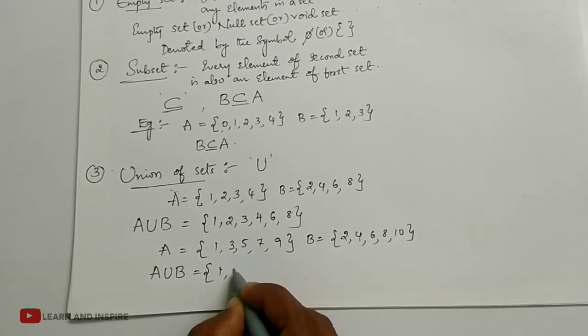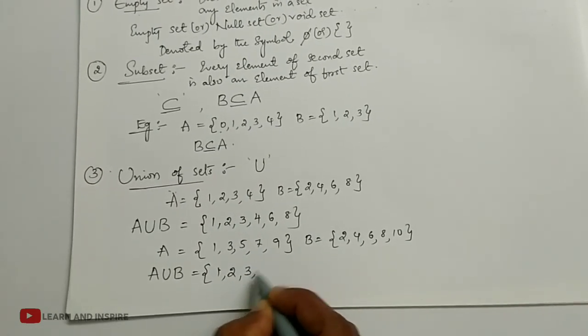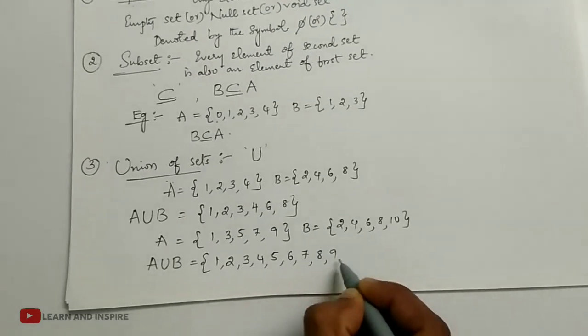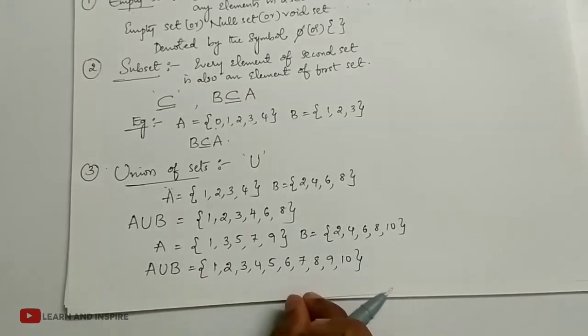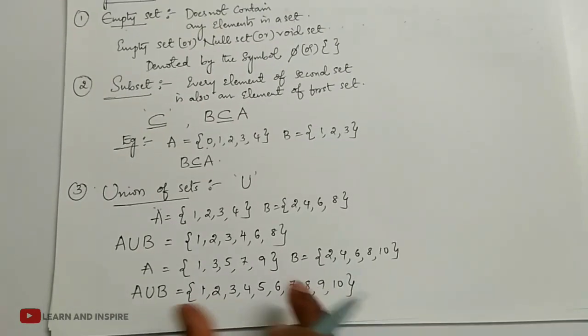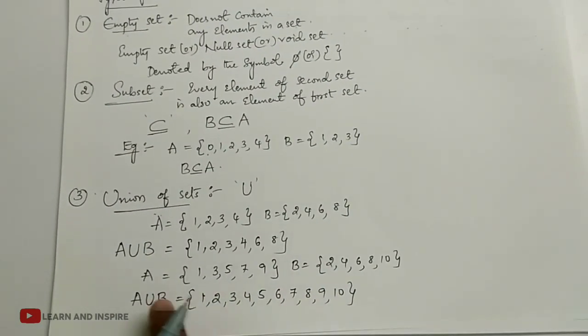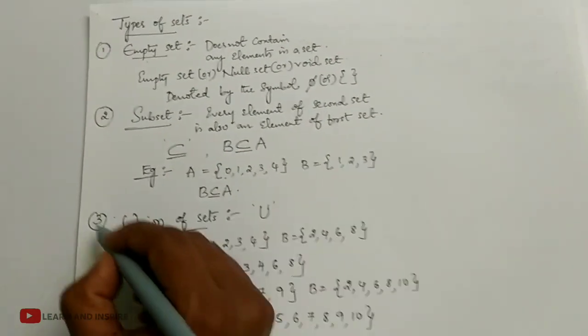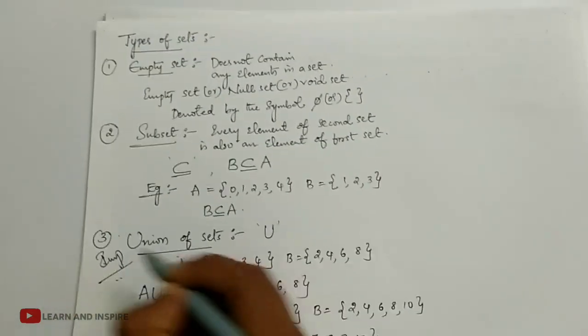We write in ascending order: 1, 2, 3, 4, 5, 6, 7, 8, 9, 10. So we have combined all the elements, and none are repeated. We represent this as A union B. So this is the third type of set, and this type of set is important.